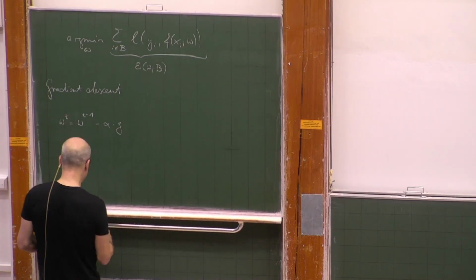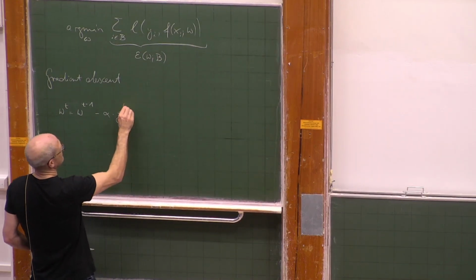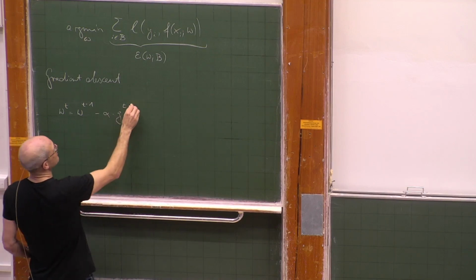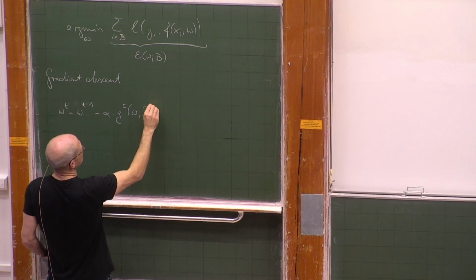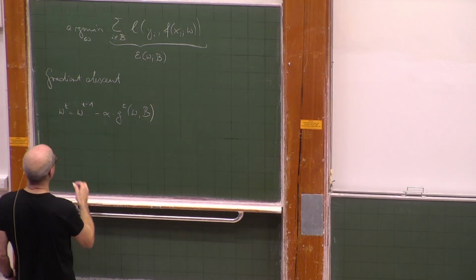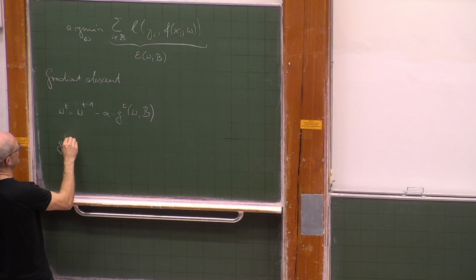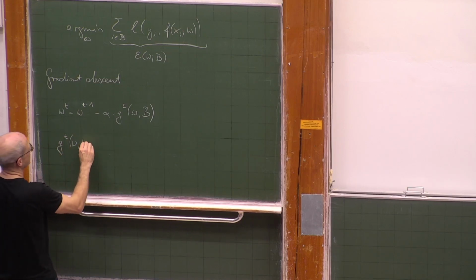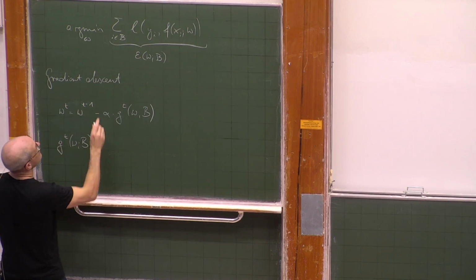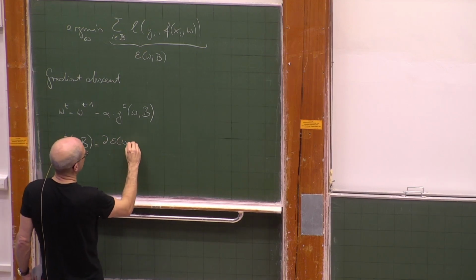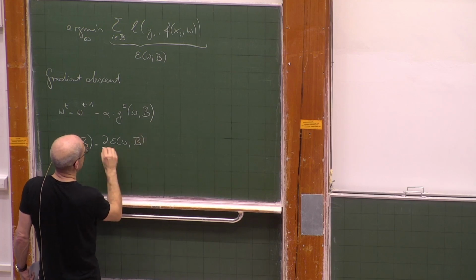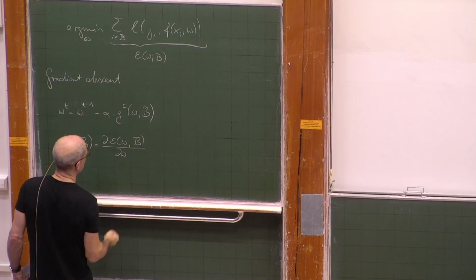And for the gradient, I'm now using index t and not t minus 1, and it depends on the parameters. And if it's stochastic, it depends on the batch. And this gradient here is just the partial derivative of this error with respect to the parameters.